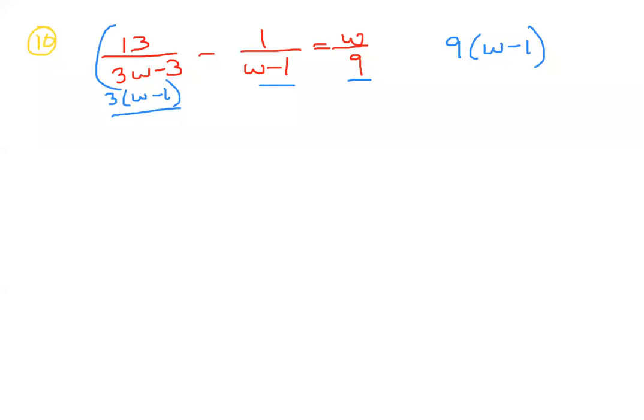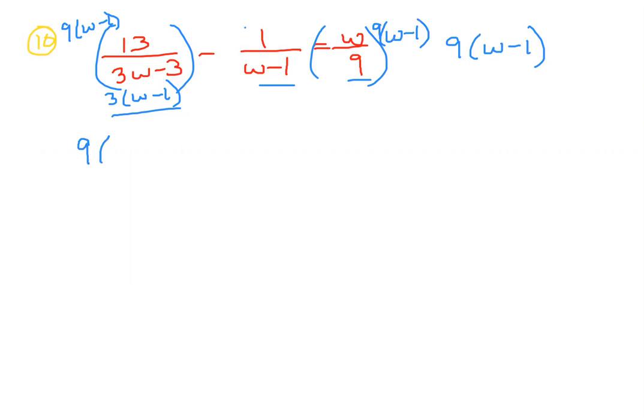So we're going to multiply this times 9 times w minus 1 and this side times that. So when we distribute this, it's going to be 13 times 9. Okay, I'm going to write it like this.